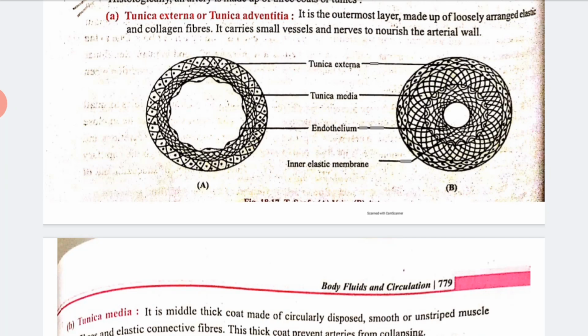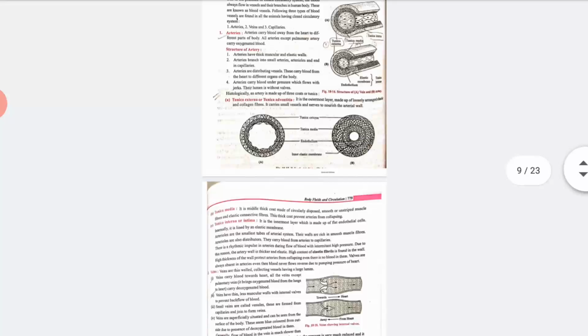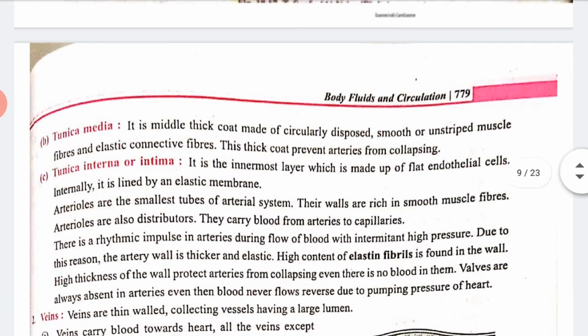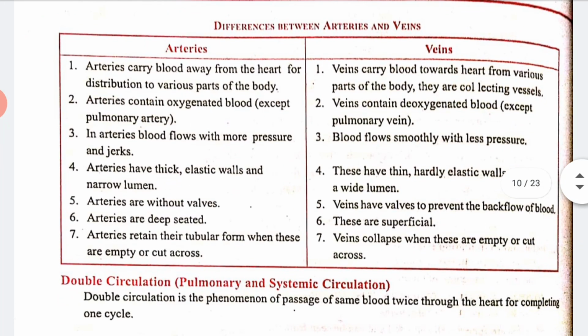Blood vessels are divided into three parts: arteries, veins, and next we have capillaries. These three play a very important role. At the last, the difference between arteries and veins is given here.